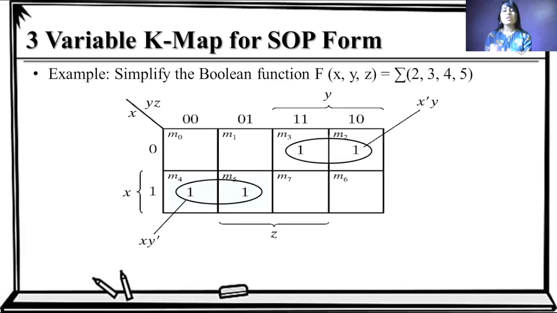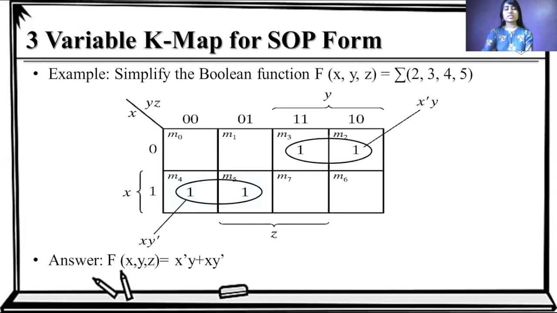So the logical function of this group is x dash y. And for 4 and 5, in the horizontal direction the common variable is x, and in the vertical direction the common variable is 0, which is y dash. So the function of this group is x y dash. So we have the answer x dash y plus x y dash.